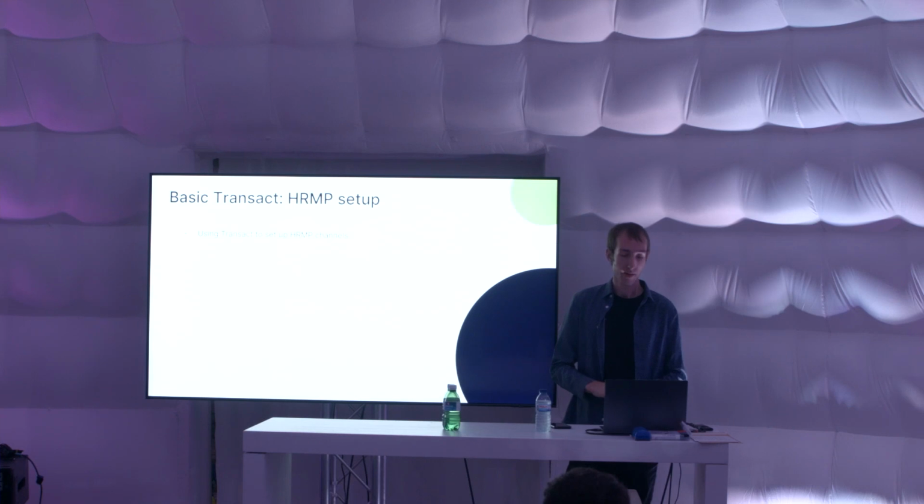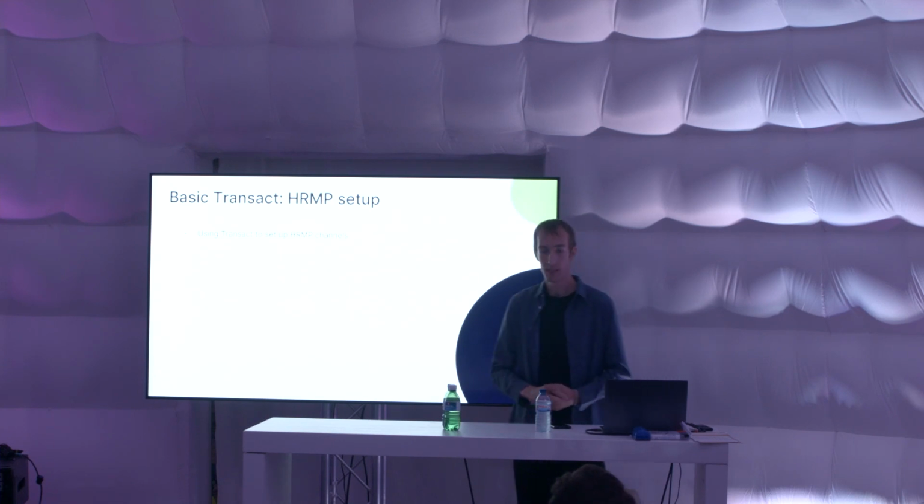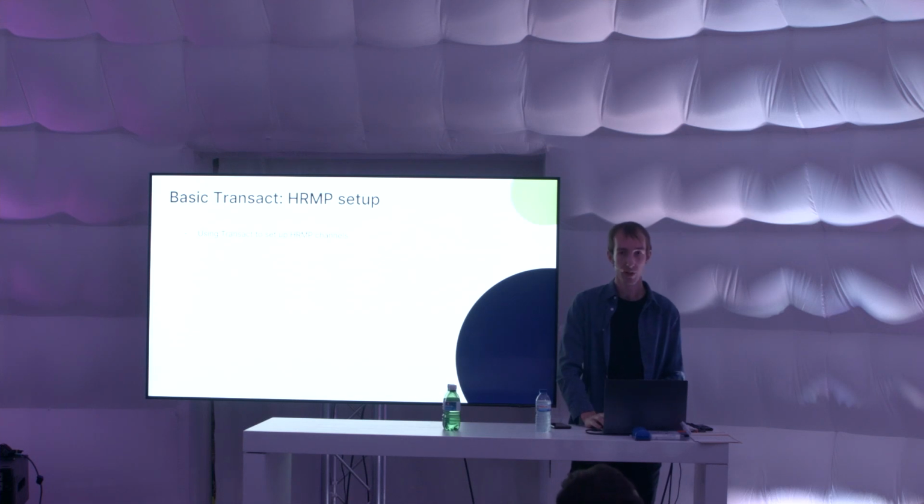This is pretty familiar, I think, to everyone that has been using parachains. And this really is what is working quite well in the current setup. So I'm very happy to have this work as well as it does.